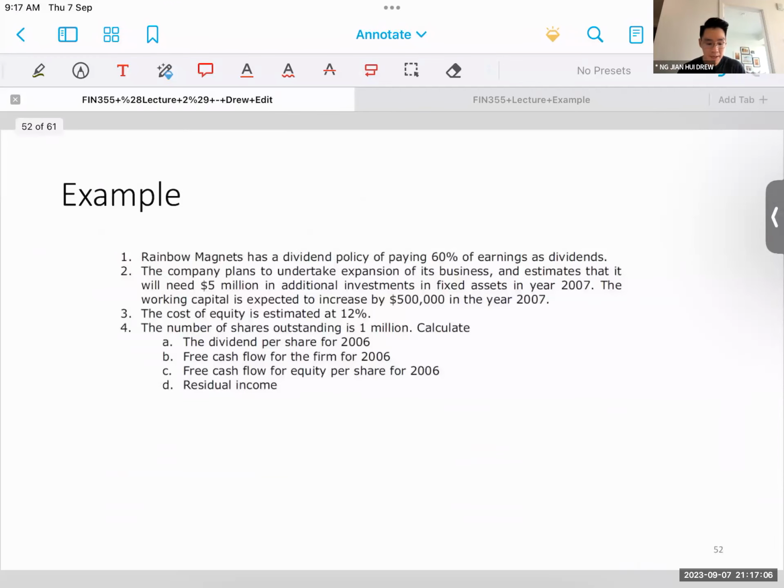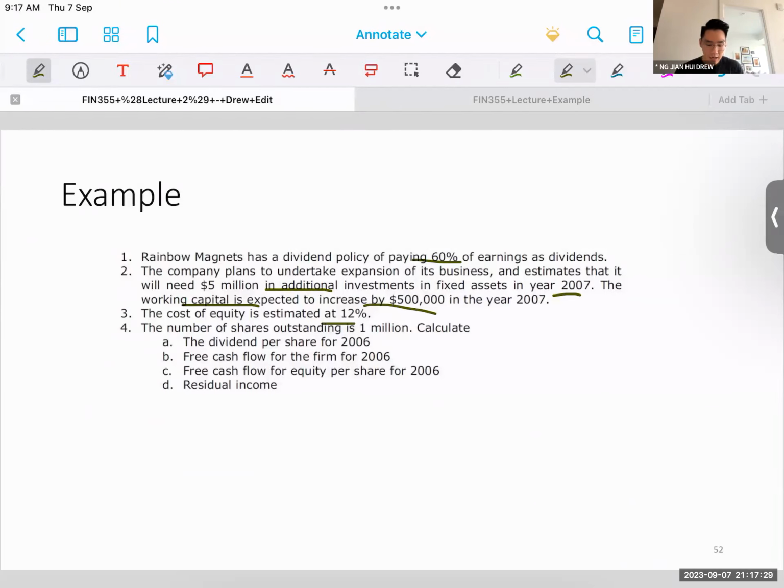and then they give you some information here. You have your 60% for the dividend policy. There's a 5 million additional investment this year. Working capital is supposed to increase. They tell you the cost of equity, which is given to you, which is quite good already.